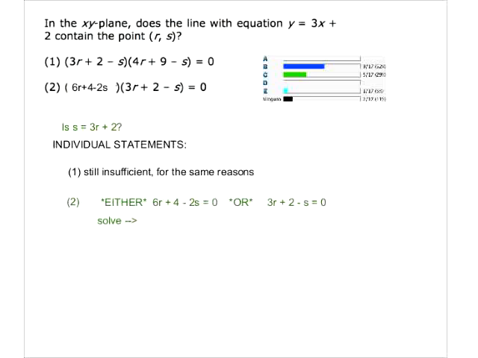This one gives you 6R plus 4 equals 2S, which divides by 2 to give exactly what you want. And this solves right away to give you that. So either way, you definitely get a yes to the question. So this one's sufficient by itself. And so we've got ourselves an answer of B.